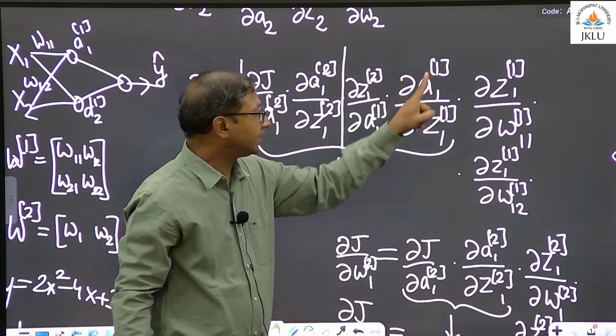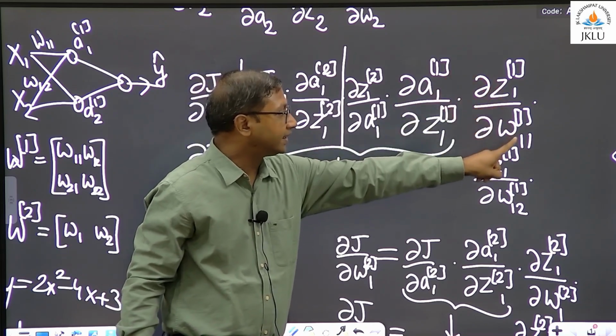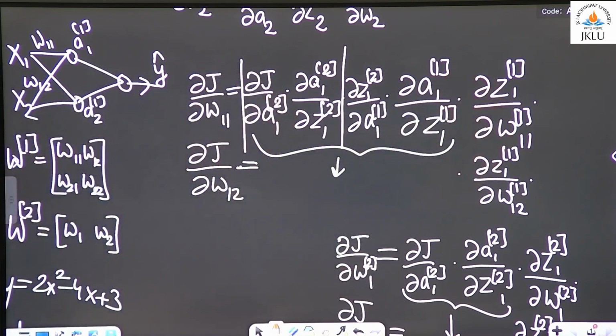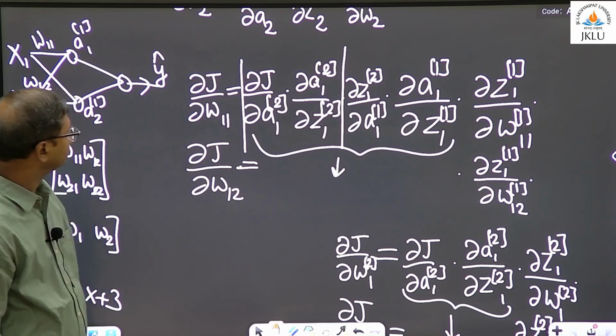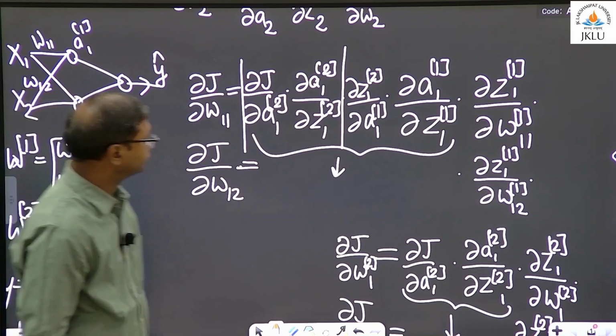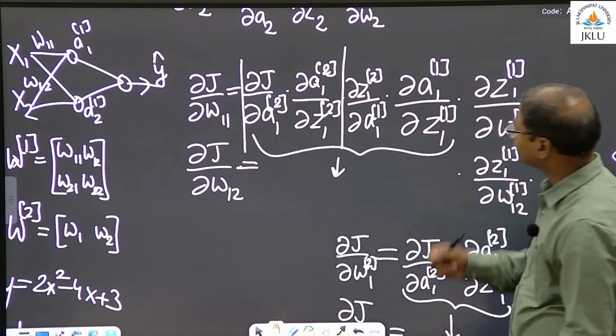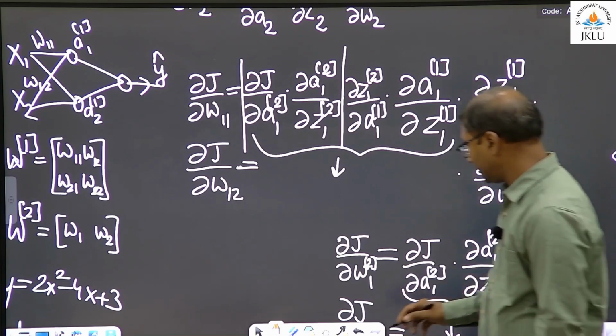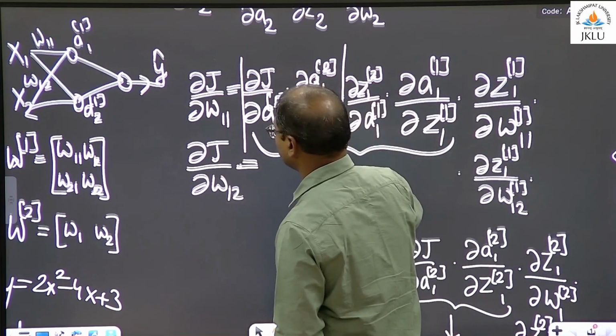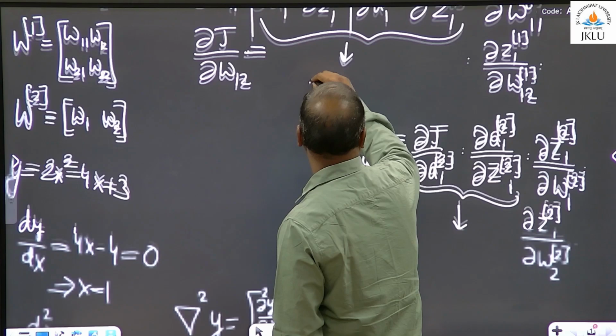You will have A2 here, Z2 here, Z2 here and then W21. Right? And you can keep on filling such matrices. Okay? Now you have to help me vectorize this.